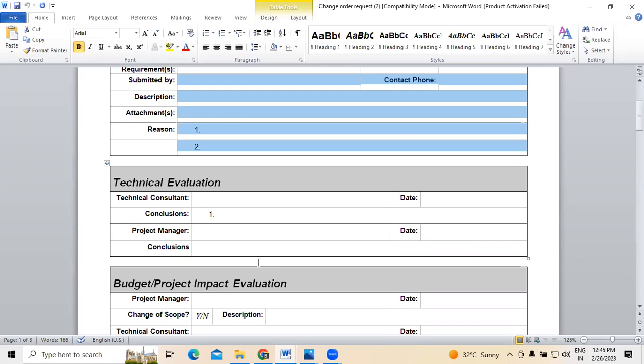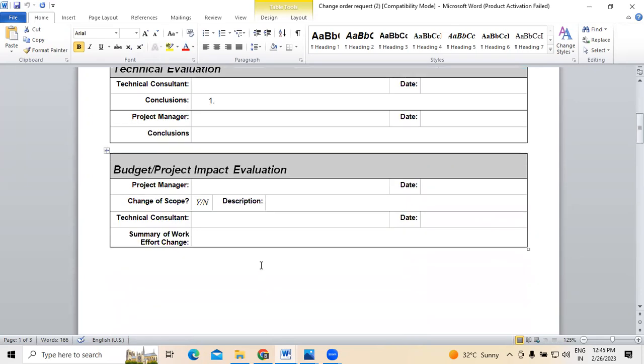Point number 2, budget and project evaluation. Budget means, because the changes happened, effort increases. If effort increases, automatically the budget will also increase. Not only budget, because of that, even the scope might change. In the change of scope of the project, I have told you, is there any change that may happen in future or not?